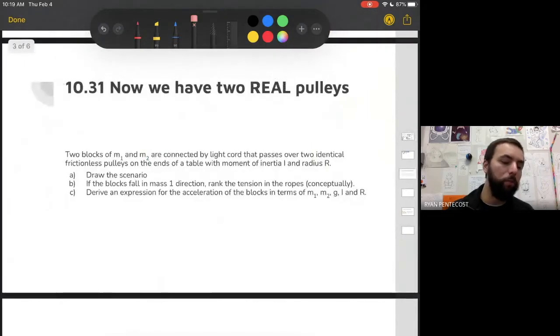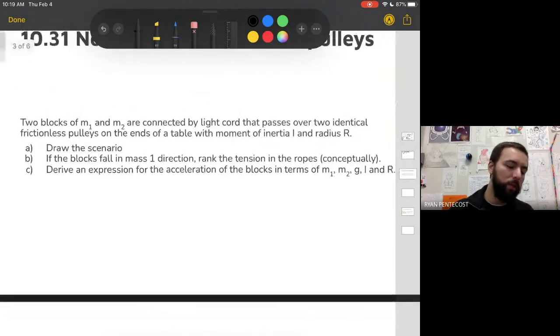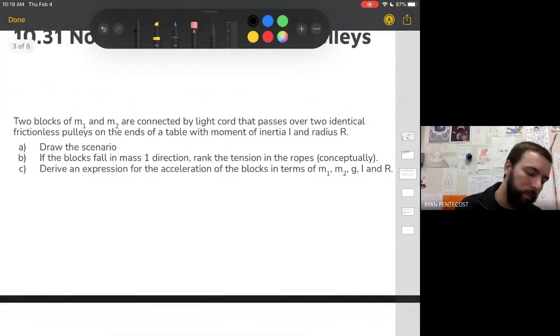Now we have two real pulleys. Two blocks of M1 and M2 are connected by a light cord that passes over two identical frictionless pulleys on the ends of a table with moment of inertia I and radius R. Letter A just says draw the scenario. Let's make sure we understand what's going on. We have two pulleys on the ends of a table.